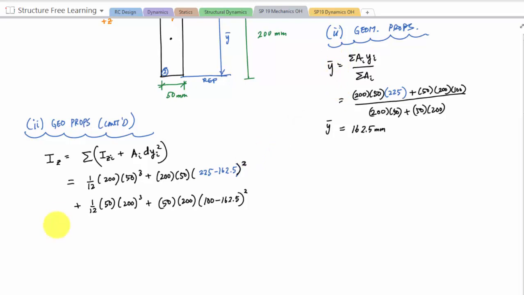And now if I go through and calculate some numbers, what would Iz be? Let's do some calculations.